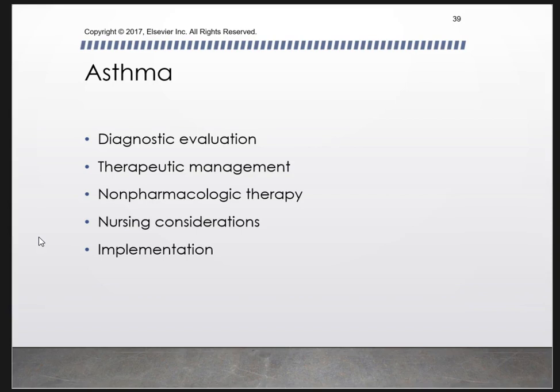That includes lots and lots of education, lots of support for the family, especially if this is the first time that anyone in their family has ever had asthma. How do we support the child in still being able to obtain their favorable outcomes, their physical growth and development goals?